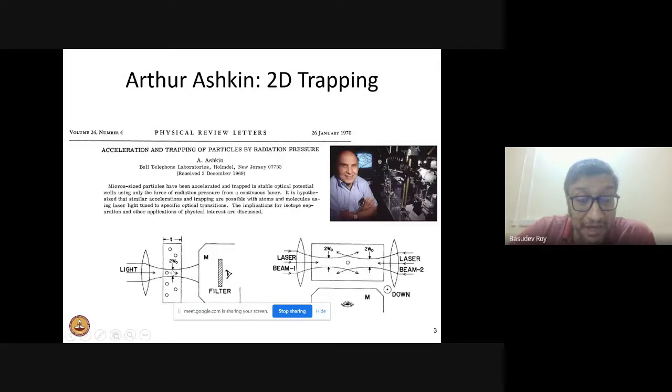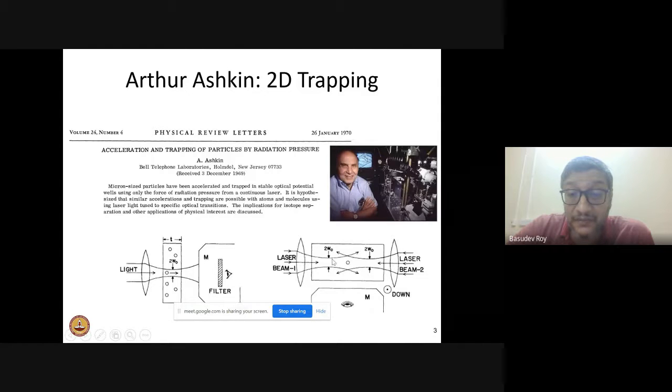It is trying to pull it into the central line, while in the 3rd dimension, it's trying to kick it out. So he was trying to balance the trap by using 2 opposing laser beams, and he found that if you put in a second laser beam from the other side, it can actually confine it in 3 dimensions. So he published the first paper in 1970 on this.